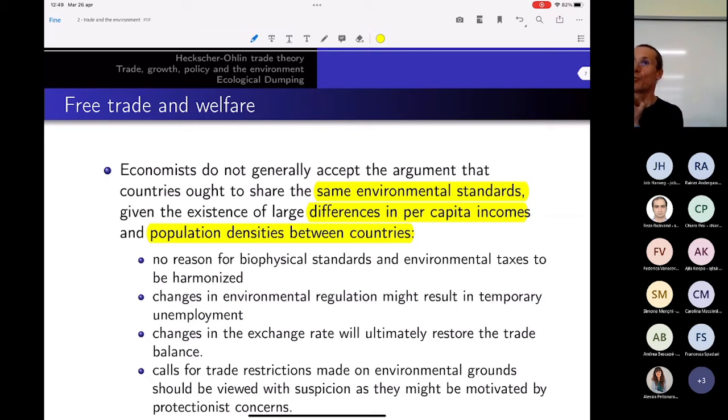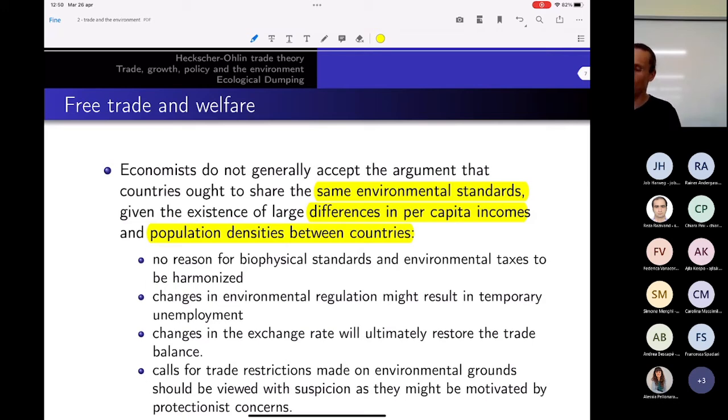Remember, one of the functions of the environment is to work as a waste sink, and therefore there are clearly different potentials for different environments. So there are many reasons for not wanting to have the same environmental standards for all these countries, because countries are different.